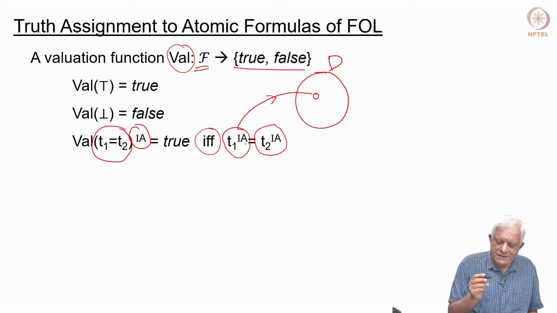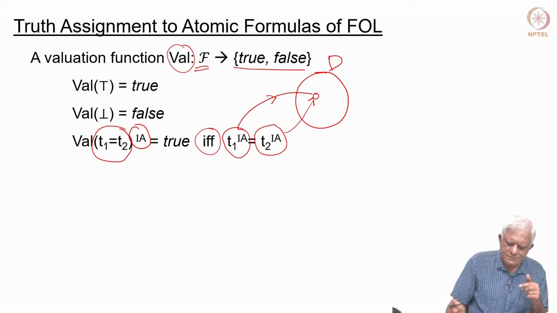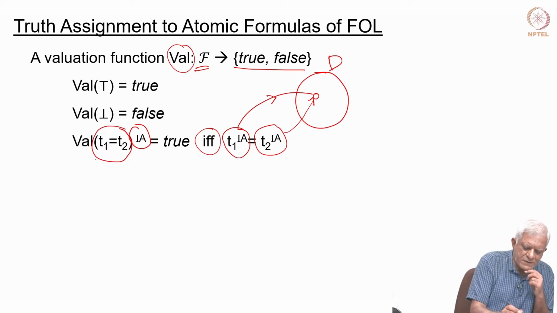Interpretation will tell us functions and constants, assignment will tell us where variables map to, whatever it is. So, we are taking care of both interpretation and assignment, and we are saying this term maps to this element and this term also maps to this element. That is what we mean by equal, that they map to the same element. If they map to the same element, then our original formula is true.